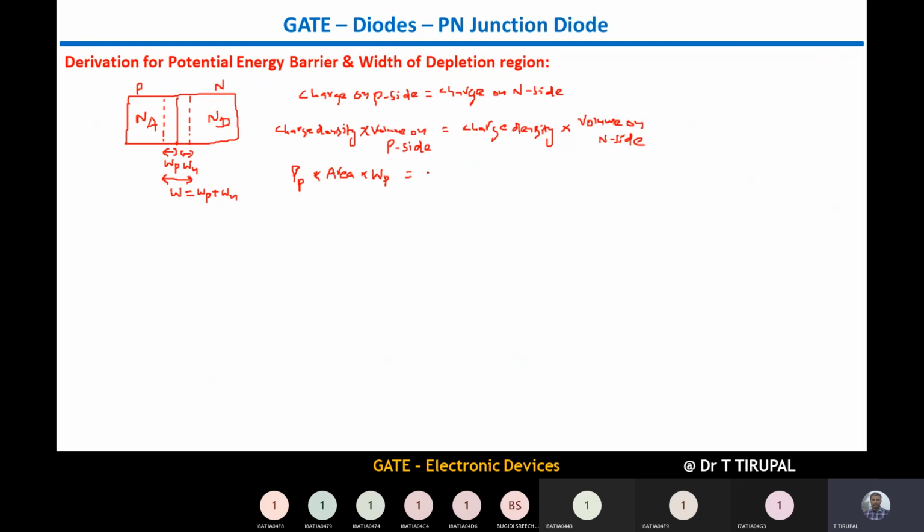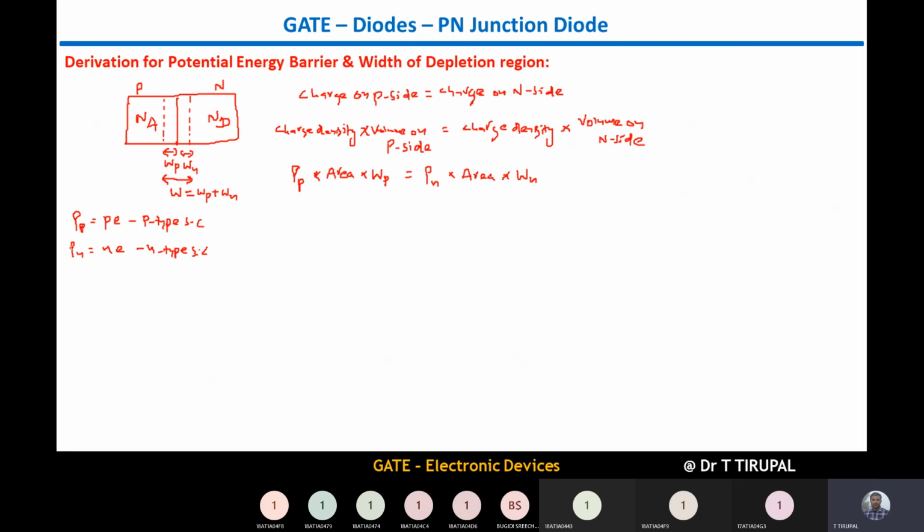That is equal to charge density on N side, rho N, into volume, which is area into Wn. Rho P can be written as P e for a P-type semiconductor, and rho N is equal to N e for an N-type semiconductor.